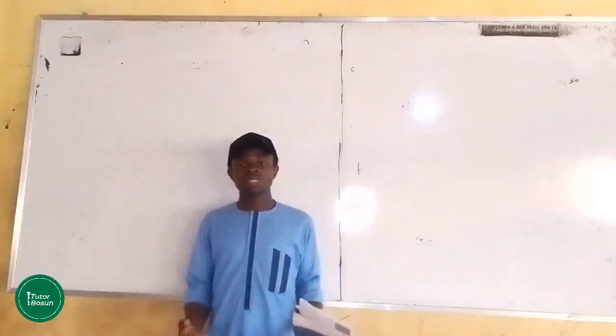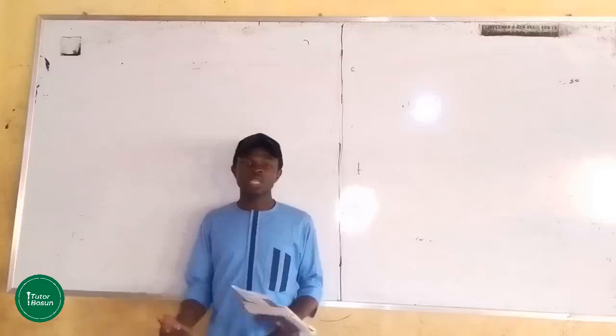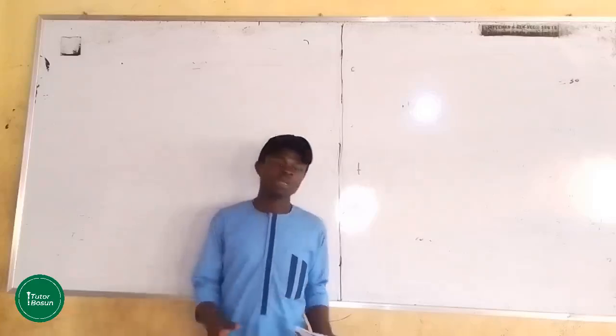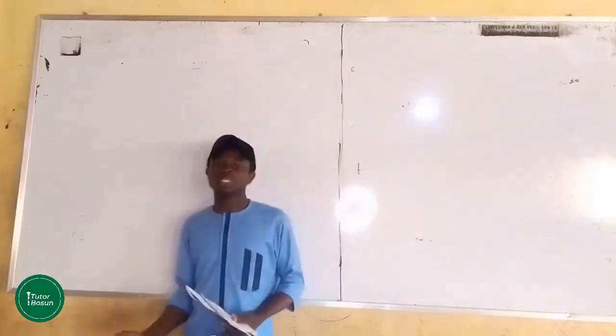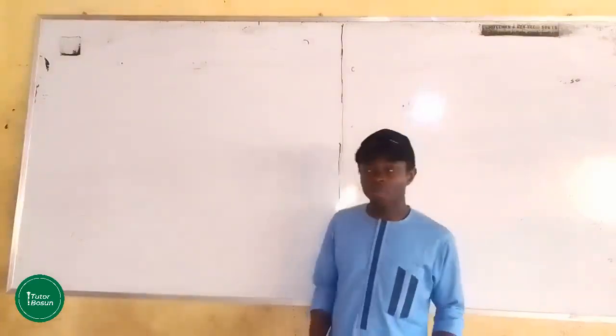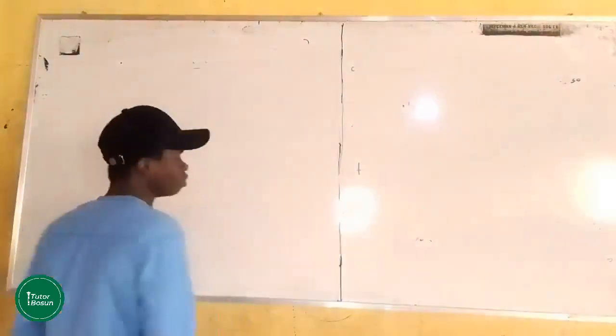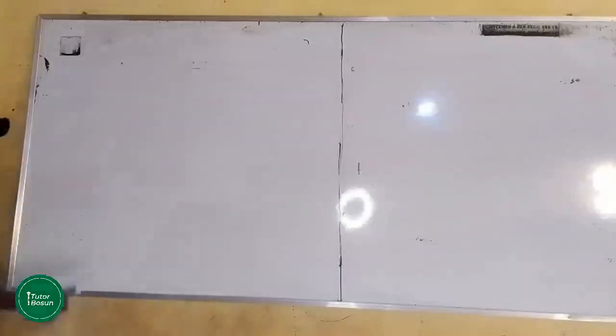So this is the last type of test we're going to be discussing, which is the chi-square. Just like your t-test and your z-test, we also make use of chi-square to test hypothesis, that is the null hypothesis or the alternative hypothesis. So we want to know whether we will be accepting the null hypothesis or rejecting the null hypothesis. Without wasting much of our time, let's move into what we have in this lesson.